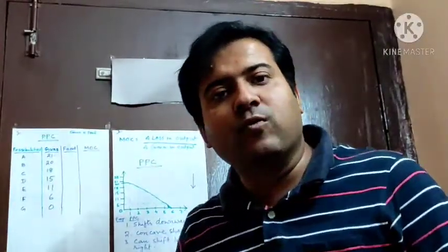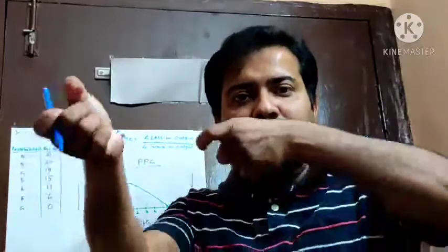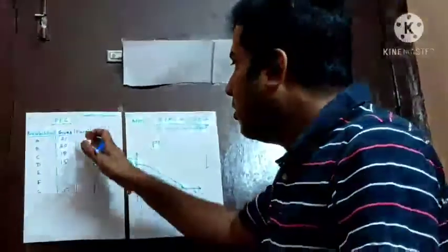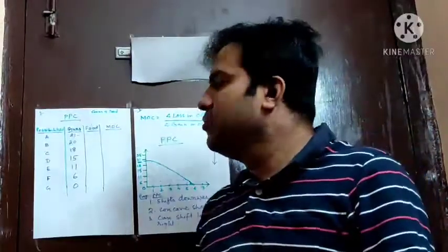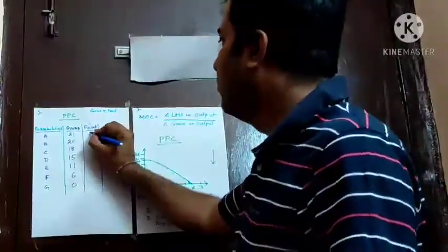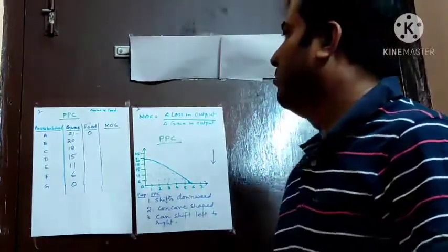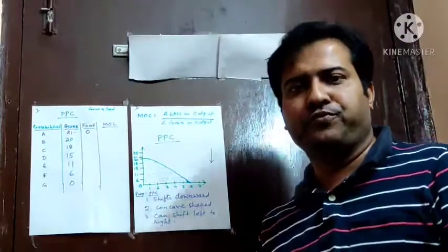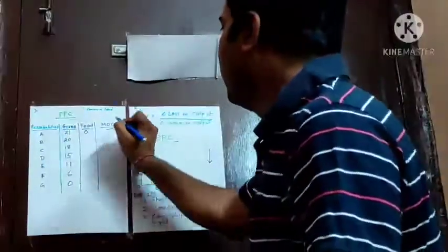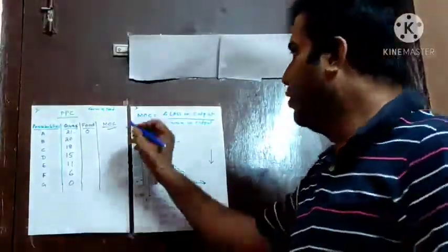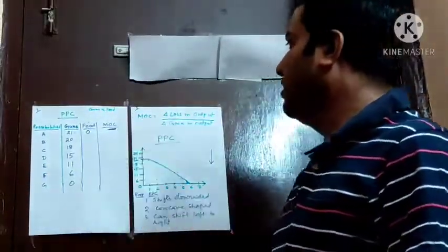If the entire workforce makes guns for the country, who will produce the food? No one. In food, there will be zero. MOC will be none, because before A there was nothing. We don't know what is before A. That is none.